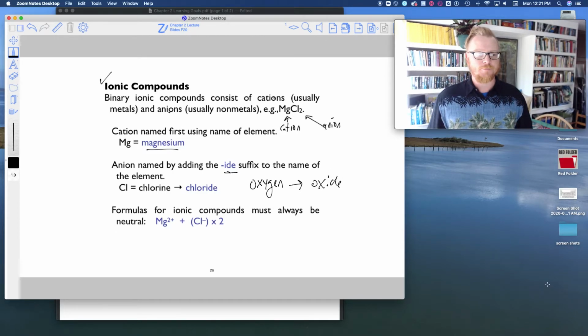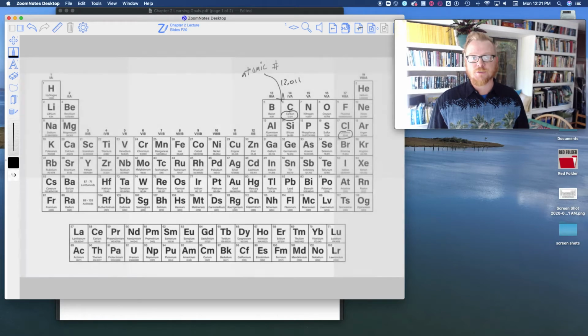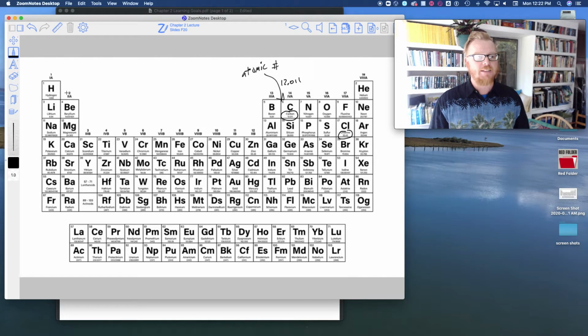So formulas for ionic compounds must always be neutral. So we talked about how magnesium is one of the elements in group 2. Let's just fast forward to my periodic table. Look, there's magnesium. It's in this row where things are always 2+. This row, things are always 1+. So we have to know that.